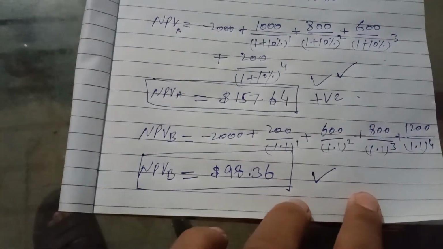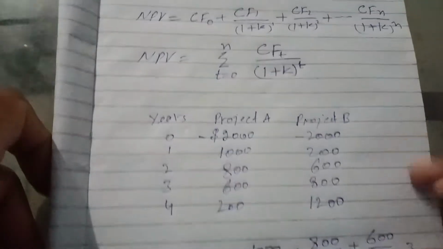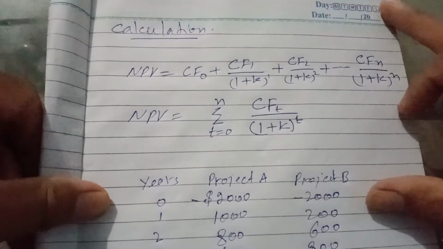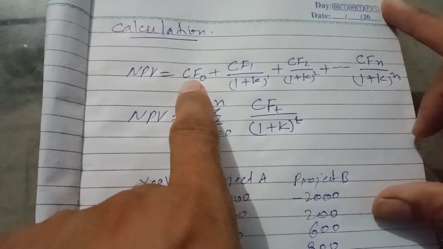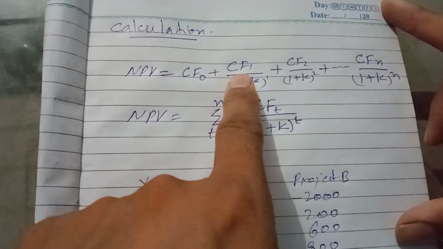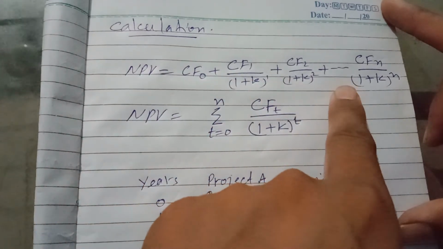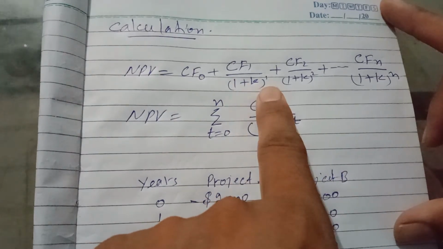So here is the calculation method of how we can calculate net present value. Net present value equals cash flow of initial year plus cash flow of first year, second year, third year, fourth year, and so on, divided by 1 plus discounted rate power nth.